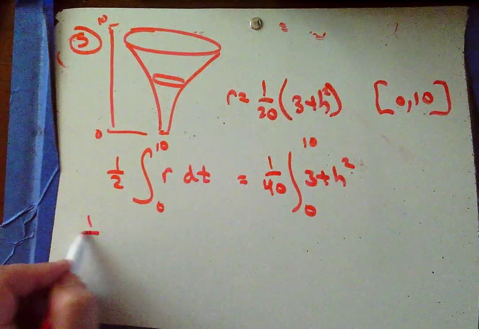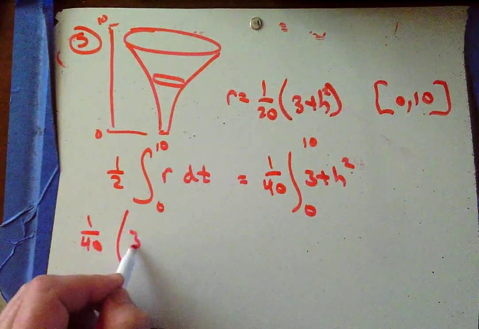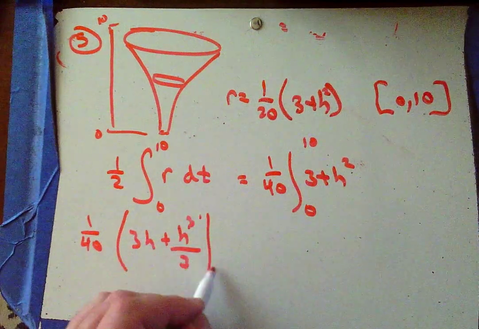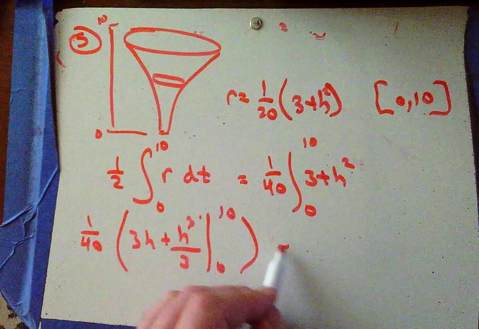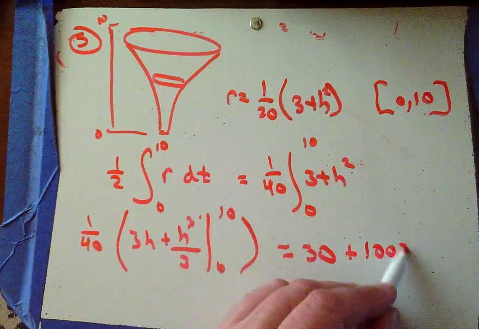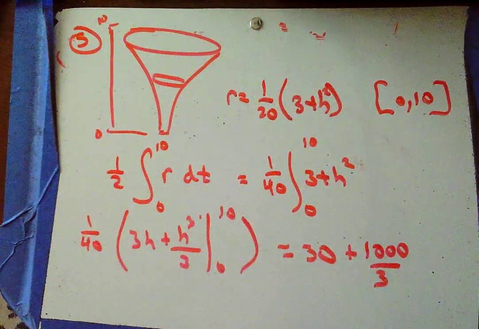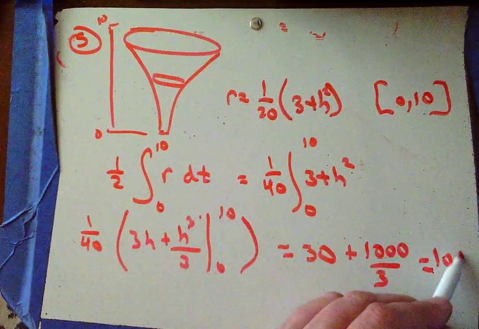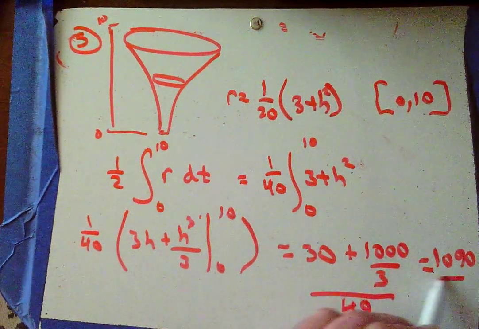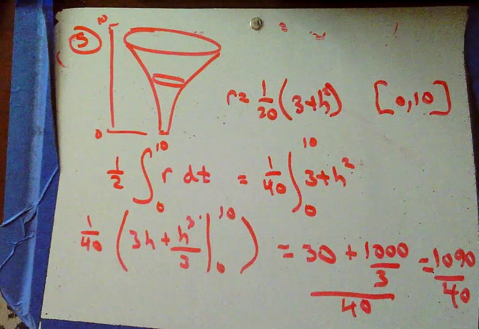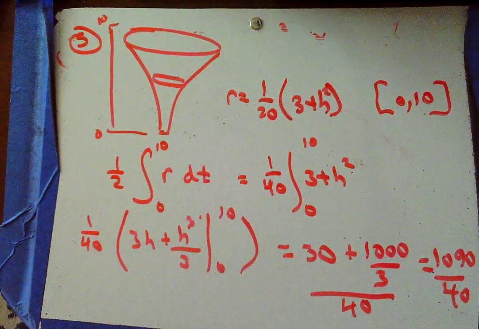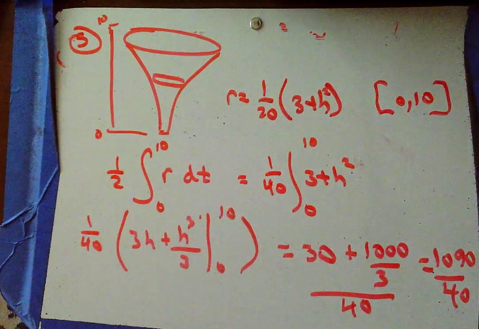Okay, so that's gonna be 1 over 40, 3h plus h to the third over 3 from 0 to 10, which is going to be 30 plus 1,000 divided by 3, or 1,090 times 1 over 40. So 109 over 4. That's what I would think. I got 109 over 60. What did I miss?